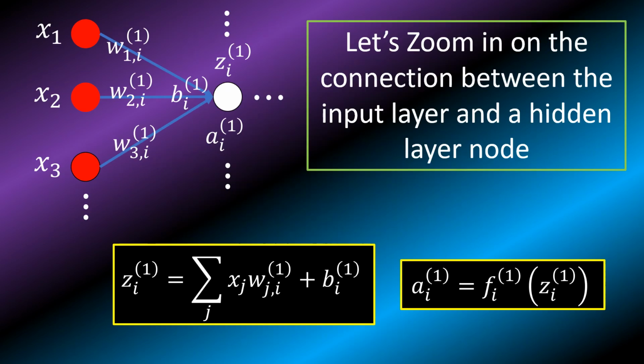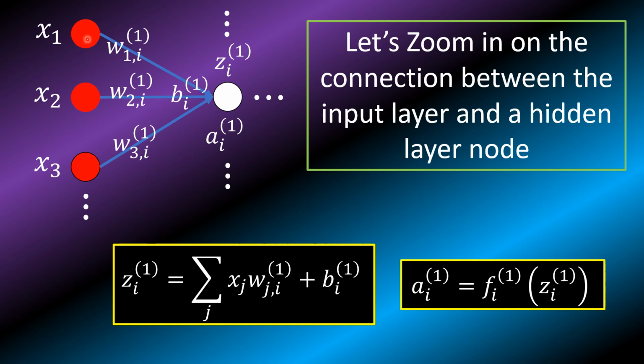So now let's zoom in on the connection between the input layer and a hidden layer node. What we have here are the inputs x1, x2, x3, and so on. And we have what are called weights. Each and every connection has a weight associated with it.